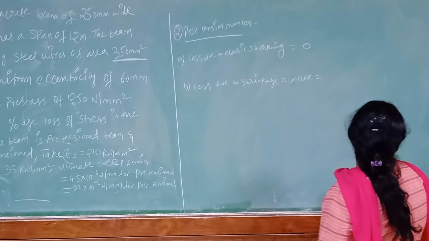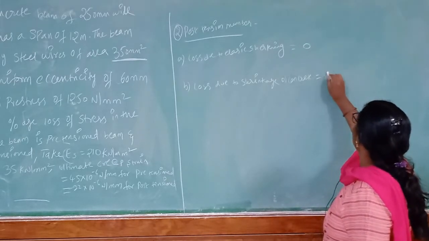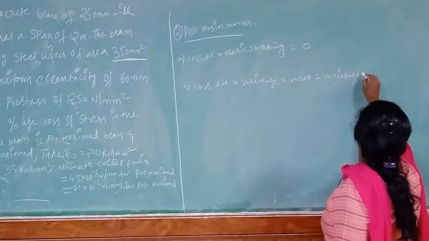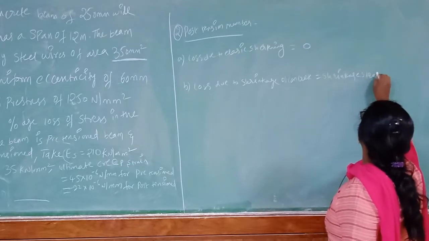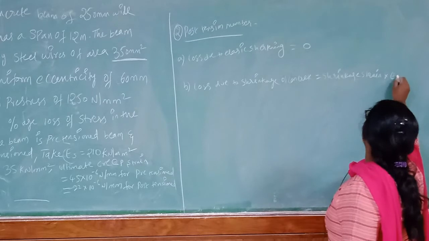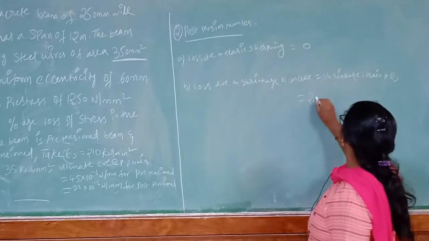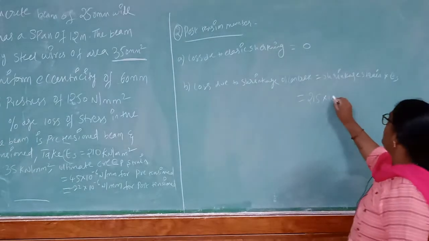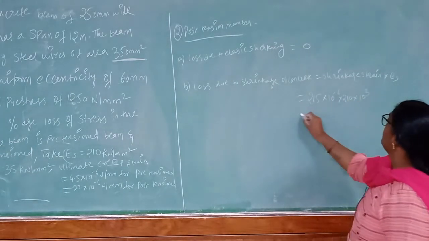Here the values will be changed because different values have been given for the shrinkage strain and Young's modulus. So what is the shrinkage strain value they have given? 215 into 10 to the power minus 6 into 210 into 10 to the power 3.